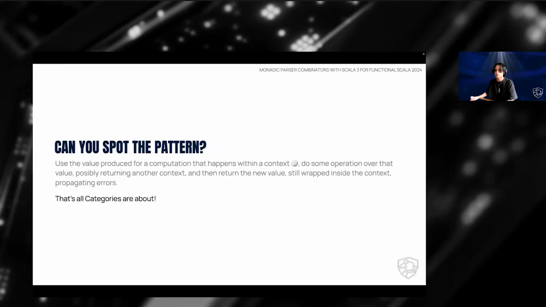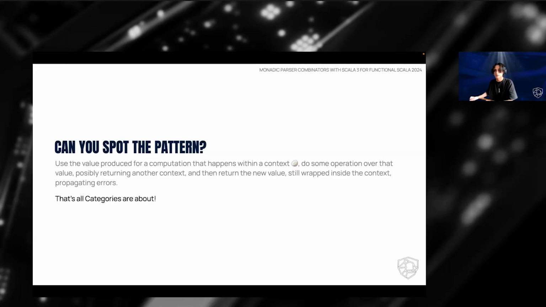So can you spot the pattern? The pattern is quite simple. We use a value wrapped in a context. We do some operation over it, possibly returning another context, like wrapping that value in another context, and then we will have to return the new value still wrapped in that context while propagating errors ourselves.